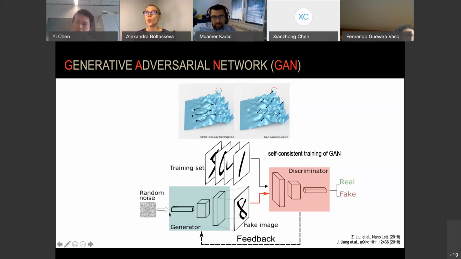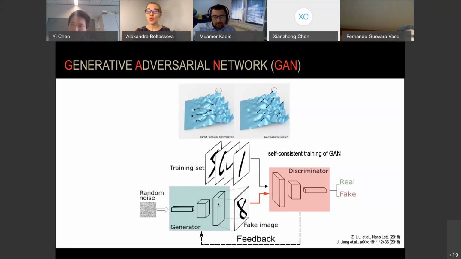Now, when the GAN generates your systems, they can still have these smaller things in them that you have to get rid of.